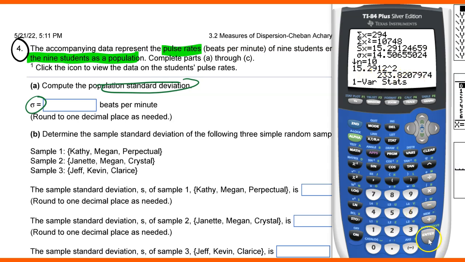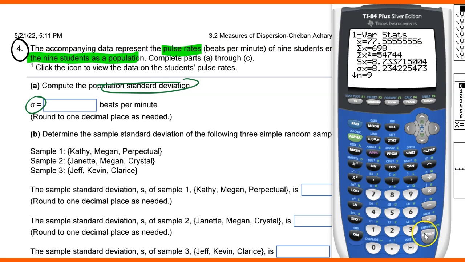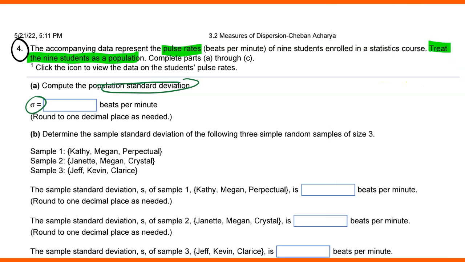Just enter, and you see this is the population standard deviation, sigma x. The question tells you to round it to 1 decimal place, so sigma is going to be 8.2, which is the population standard deviation.